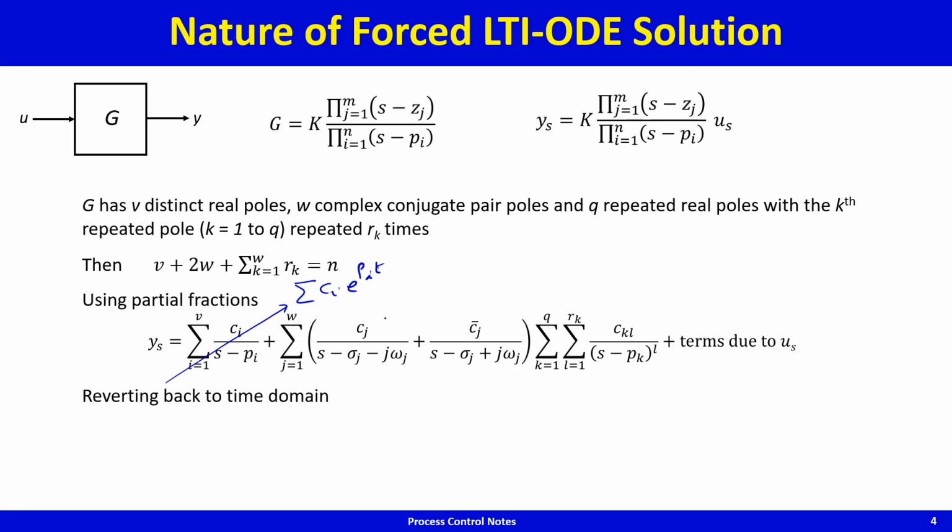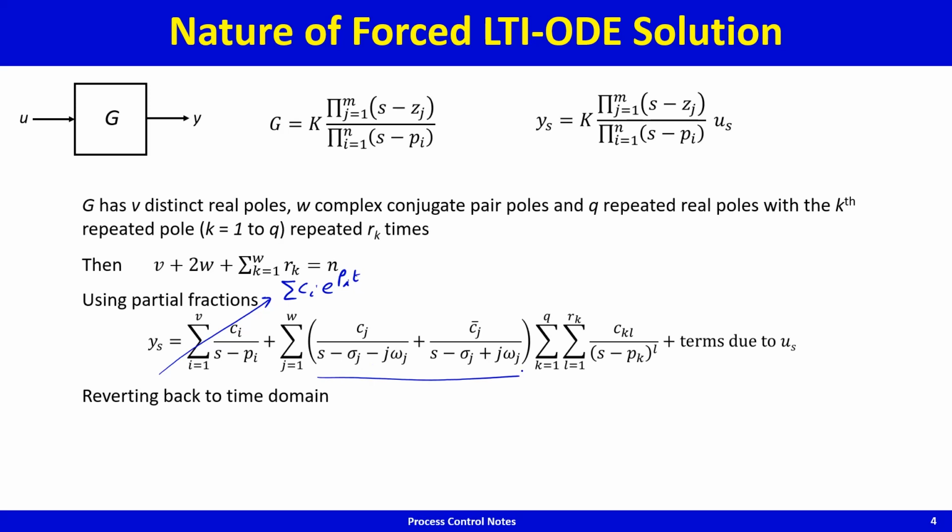By the way, I forgot to mention this, but since they are a complex conjugate pair, the coefficients are also going to be complex conjugates. So this over bar indicates complex conjugate. So as I was saying, this goes to, in the time domain, the summation of c_i e to the power p_i t.